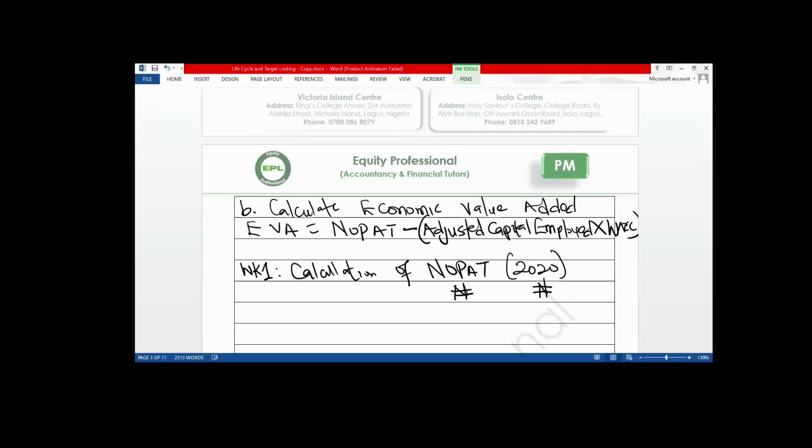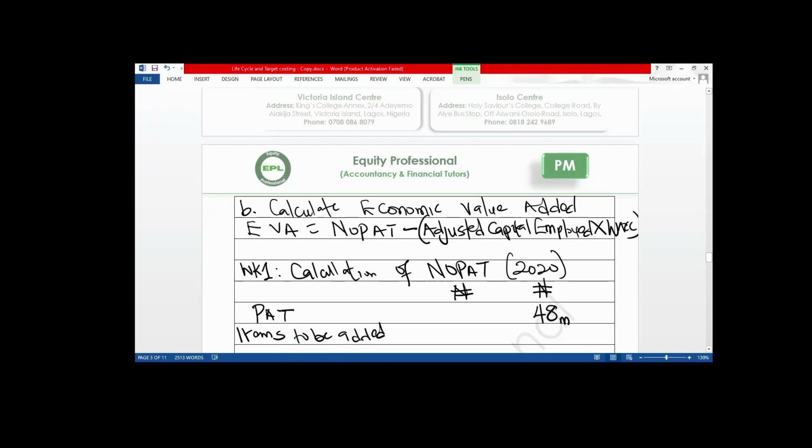So please go to the question. Focus on year 2020 financial information. Pick the profit after tax. What is the profit after tax for year 2020? 48 million. Pick it. Then items to be added.